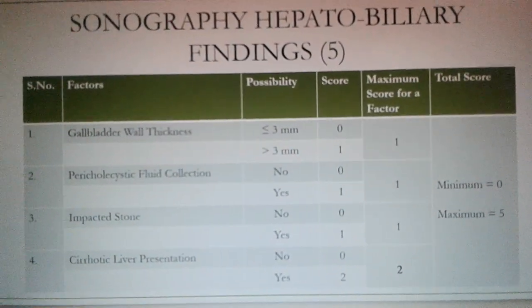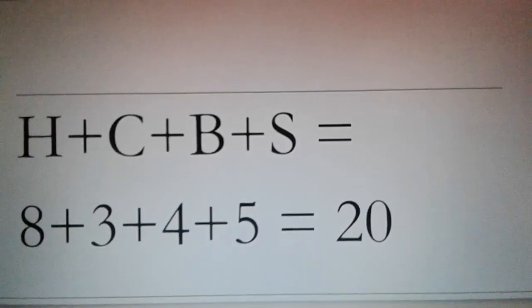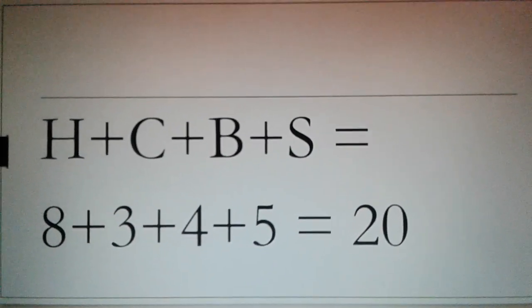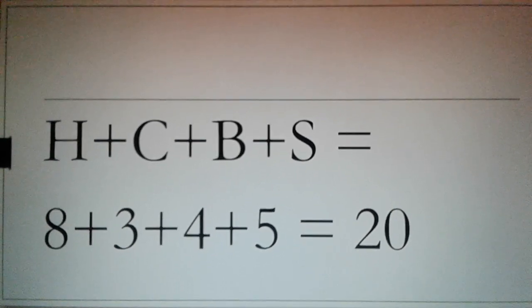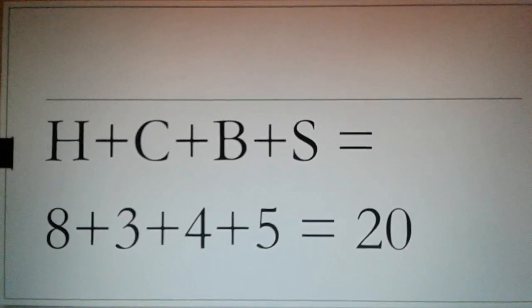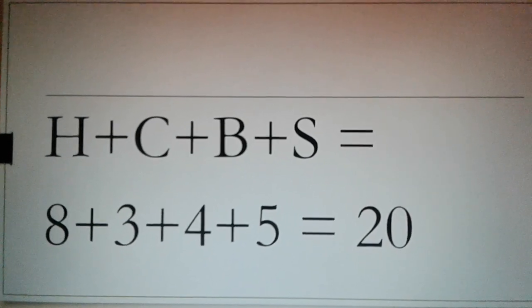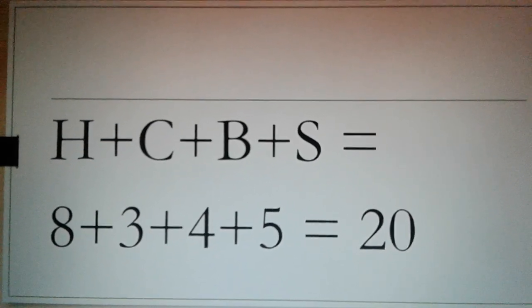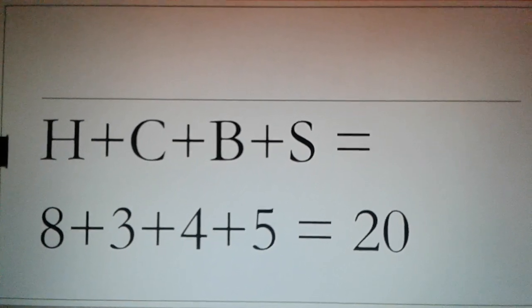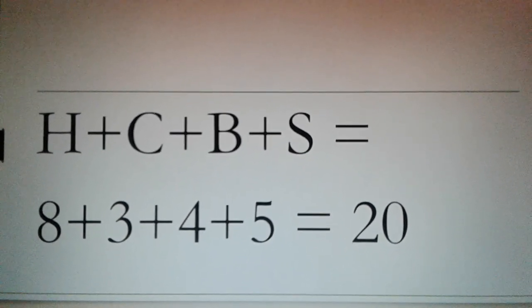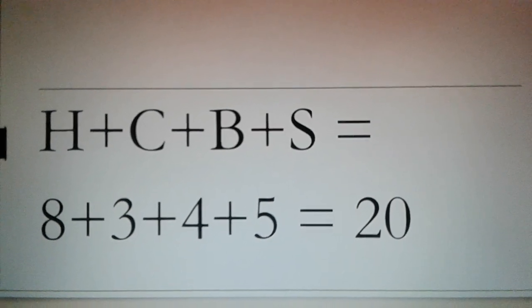If we add all these: H means history factors, C stands for clinical examination, B stands for biochemical parameters, S stands for sonographic findings of the hepatobiliary region. 8 plus 3 plus 4 plus 5, maximum score we are adding, and the sum is 20. The maximum score possible in part A pre-operative assessment, right?